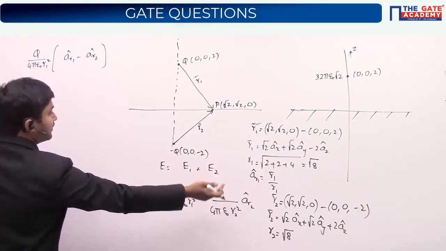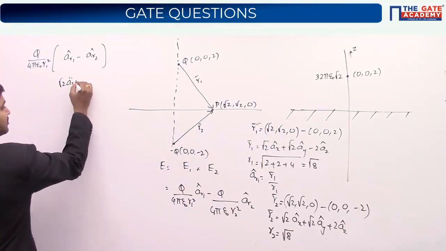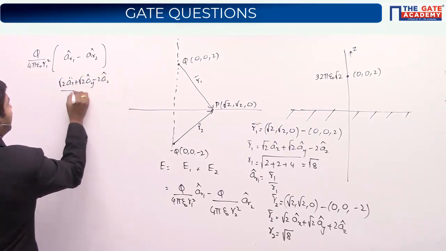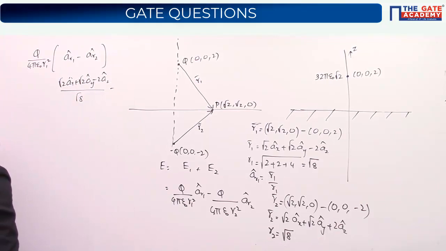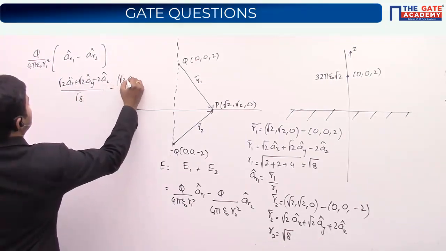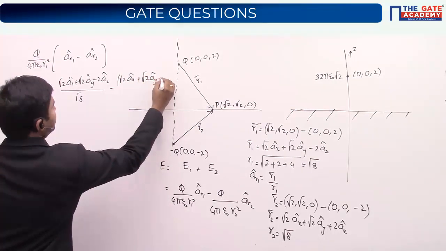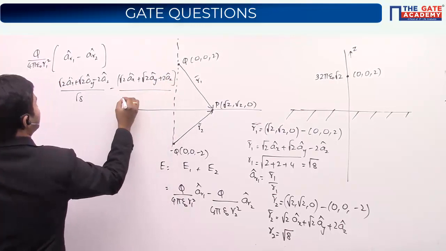It is R1 bar by R1. What is R1 bar? Root 2 ax plus root 2 ay minus 2 az by root 8, minus root 2 ax plus root 2 ay plus 2 az divided by root 8.